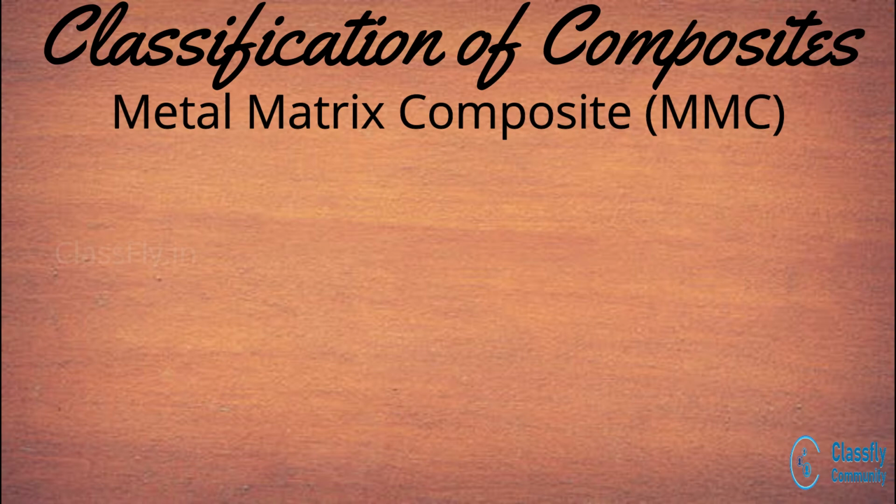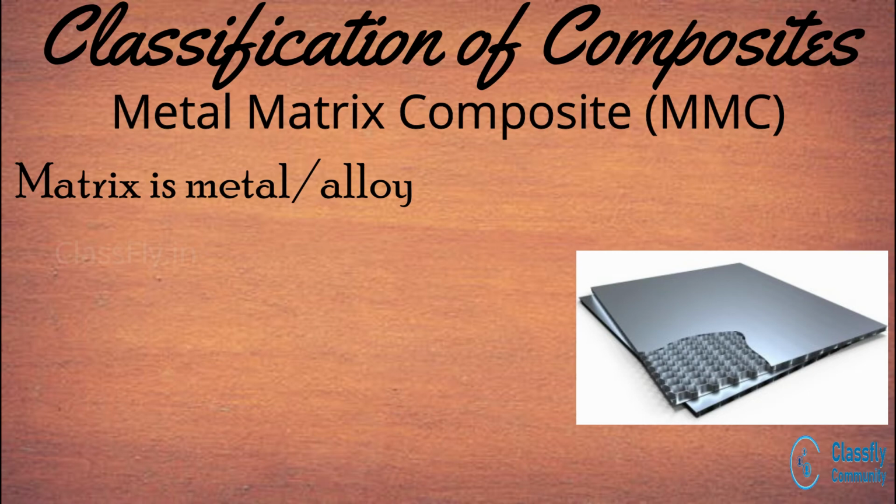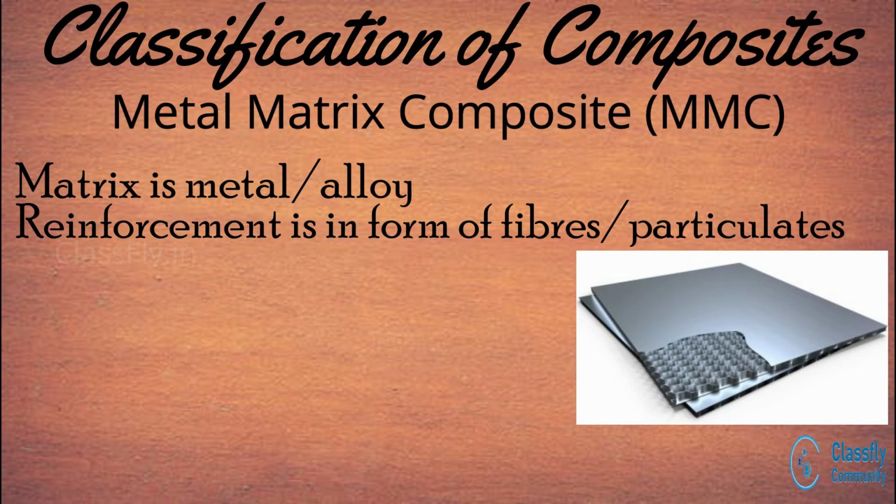Next, the metal matrix composites. In this type of composites, the matrix is made from a metal or an alloy. The reinforcement material is usually in the form of fiber or small sized particles known as particulates. These composites have high strength, fracture toughness and stiffness.